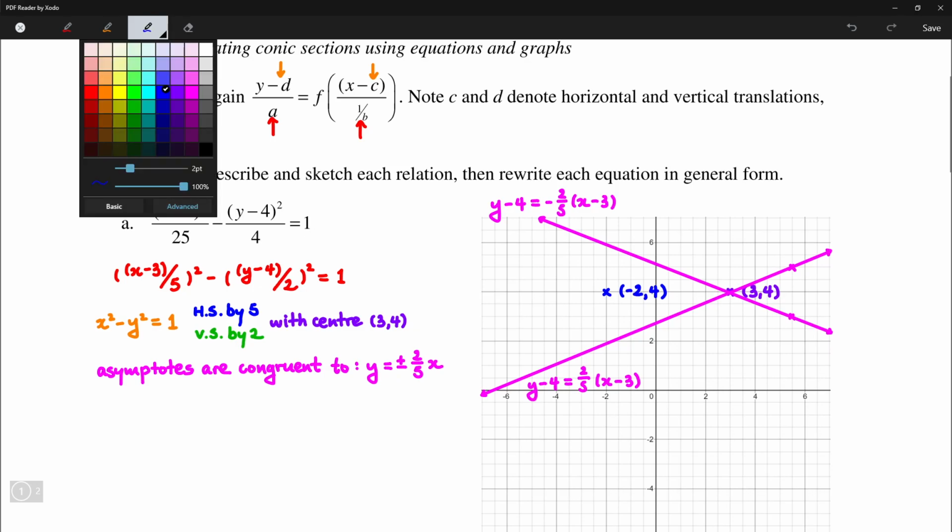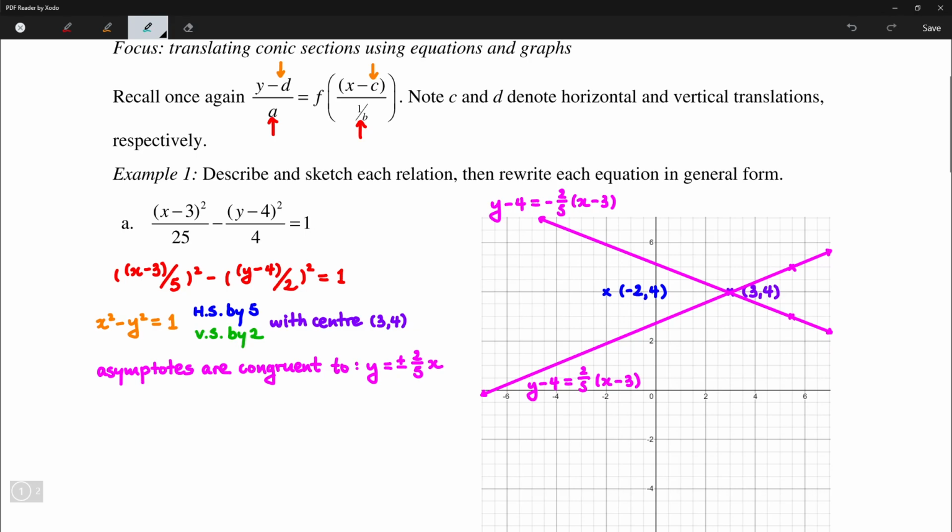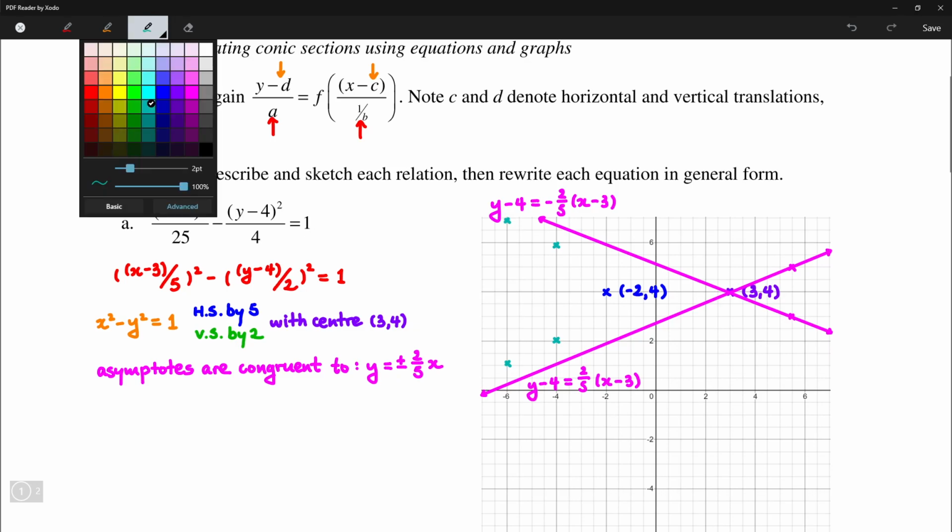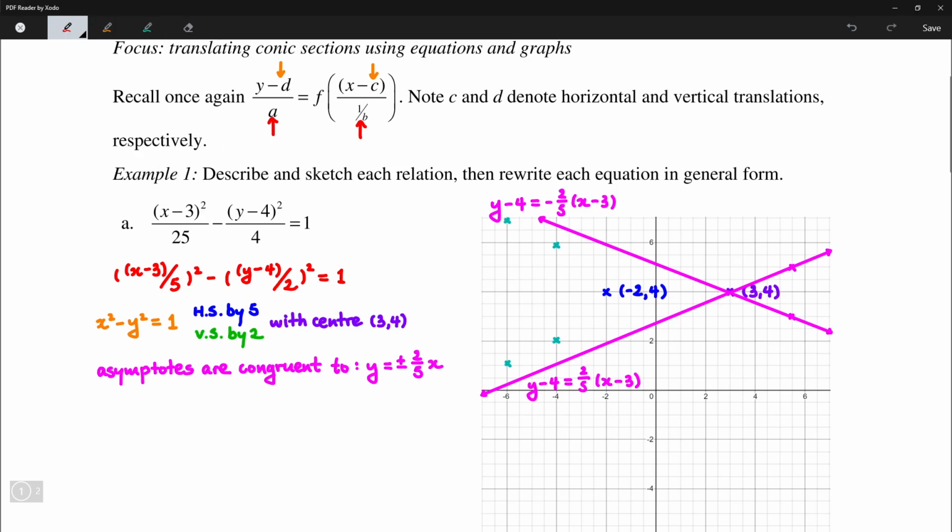From there, we can use a table of values to find additional points for this hyperbola, just to ensure that we can draw a very good graph. And of course, finally, the last step is to connect the points to draw a smooth curve, going through the vertex, in this case on the left-hand side, and approaching the asymptotes.